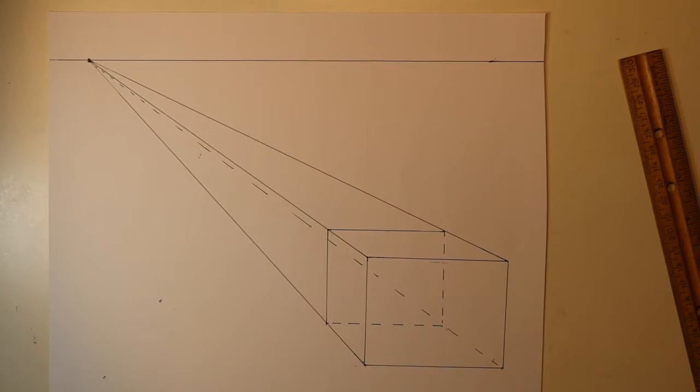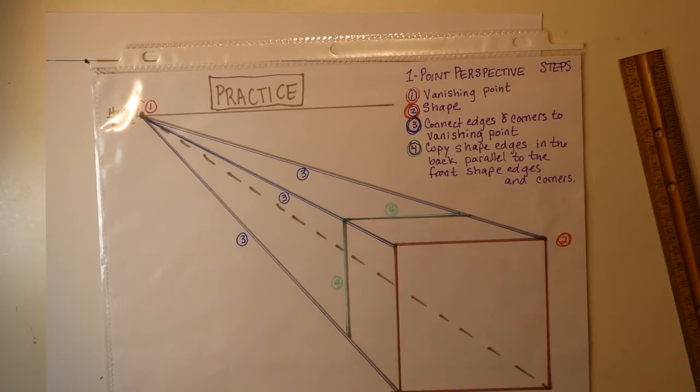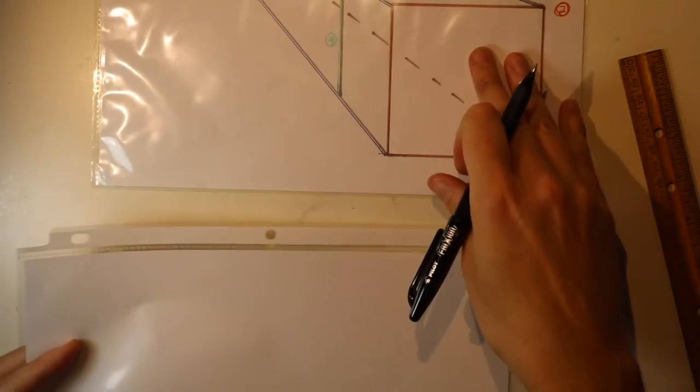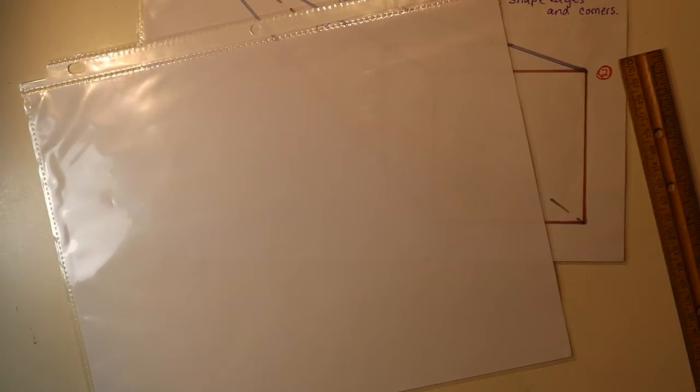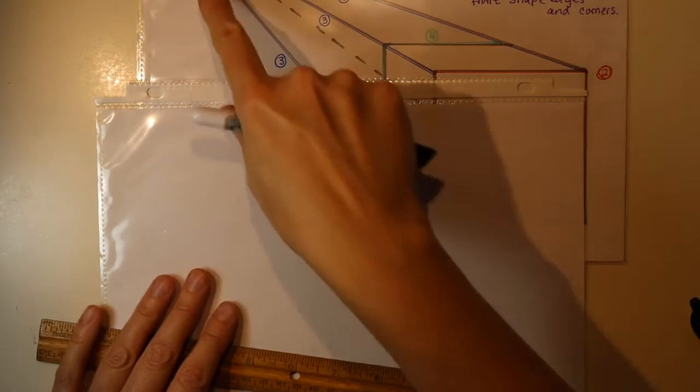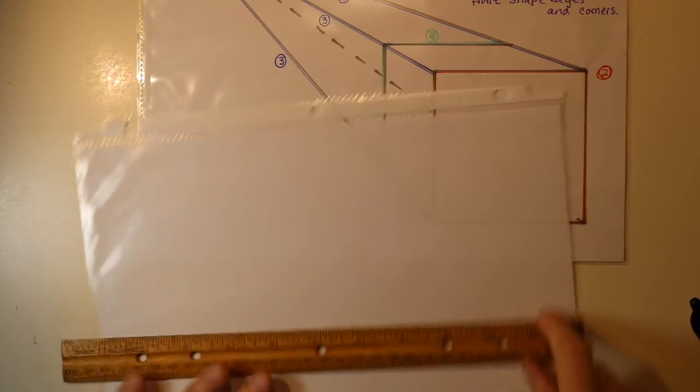Now, I have some things to help you if you don't remember these steps. I have some handouts for you that you just ask me for. Directions are on this, and you can use this along with this other sheet of paper to practice if you're not confident with creating your piece on a final sheet of paper yet.